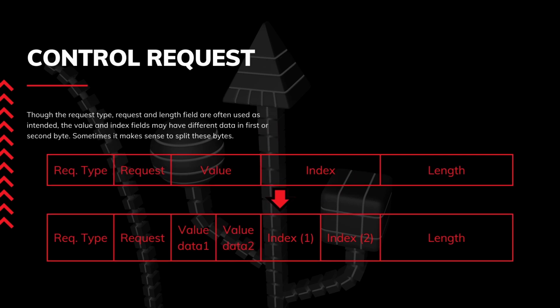Now, before we proceed to the coding section, there are a couple of things to keep in mind. When I get to the code, I will split the setup request into its values, and I will handle the value part as a pair of 8-bit values instead of a single 16-bit value. This is valid because the request may contain different data in the most significant and least significant bytes.